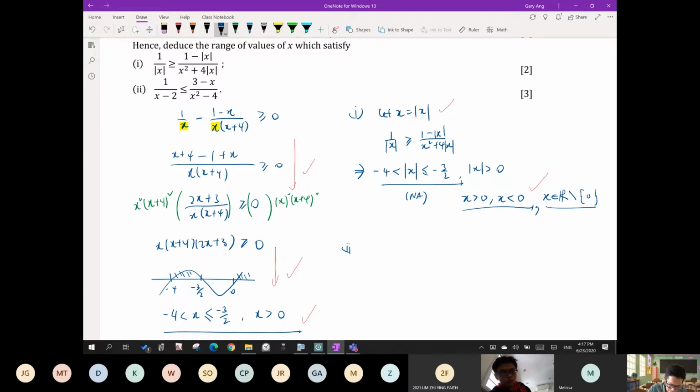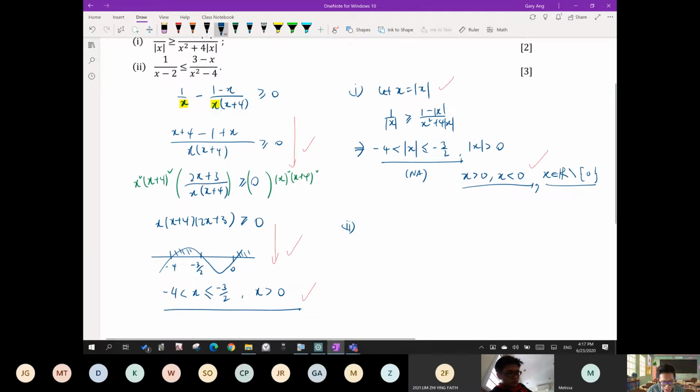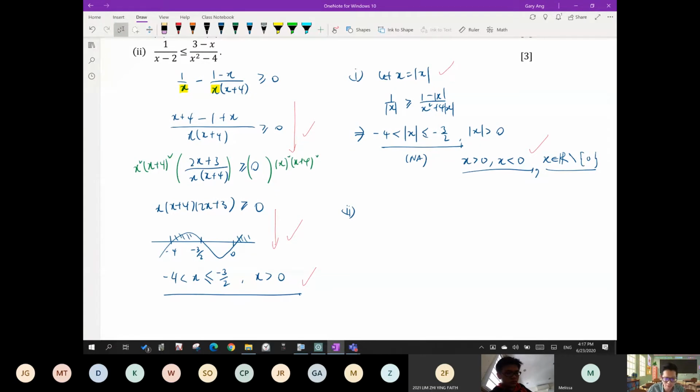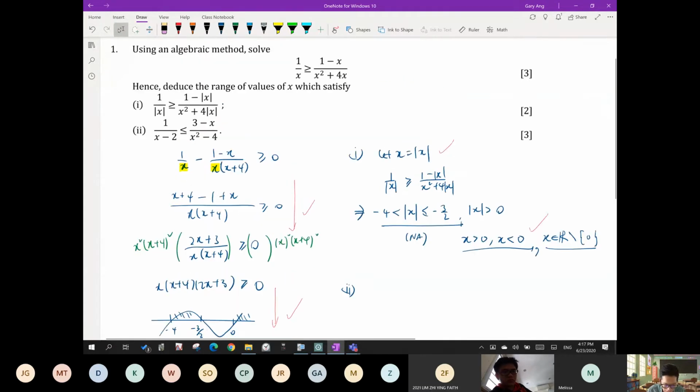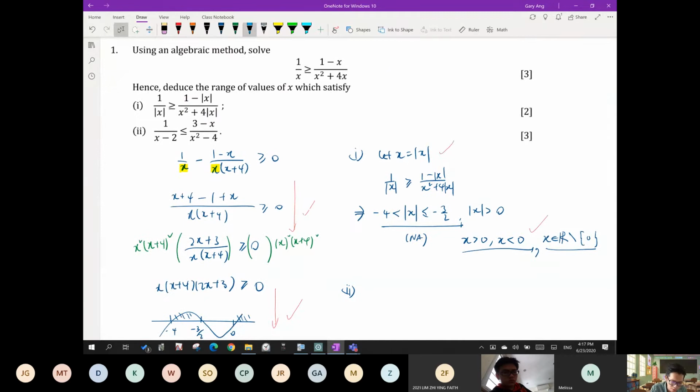Now, part 2 will be, I would say, probably slightly more challenging. Why did I say that? Well, because if you look at this question that you have solved, and you look at this question that you're trying to solve using the answer, you probably have a sense that you don't know what to substitute.